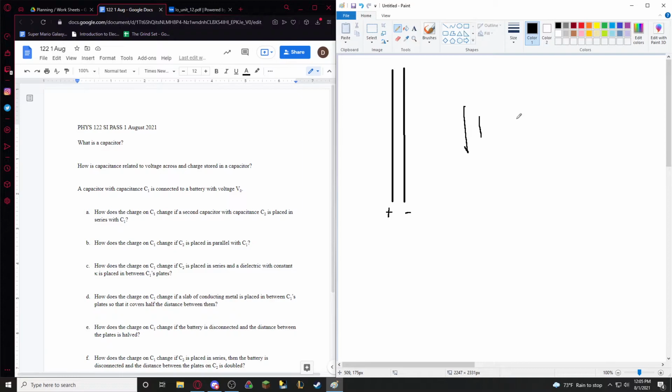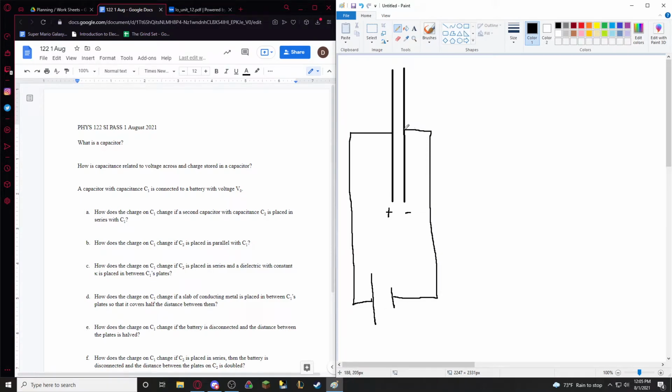Okay. So, if we hook up this capacitor to a battery, let's say something like this, which side is going to be which for the capacitor? Which side is positive, which side is negative? I believe the top.